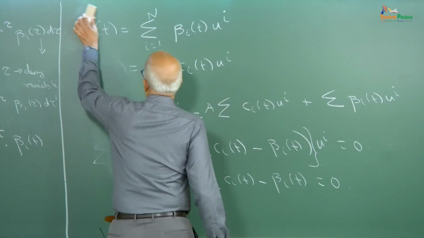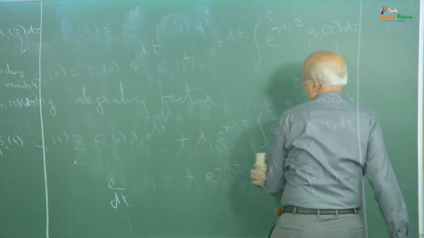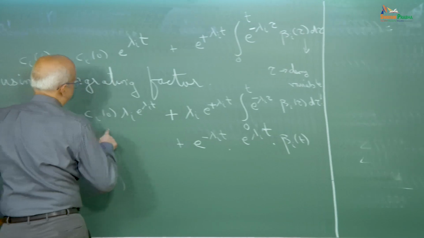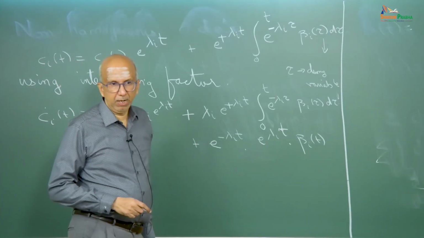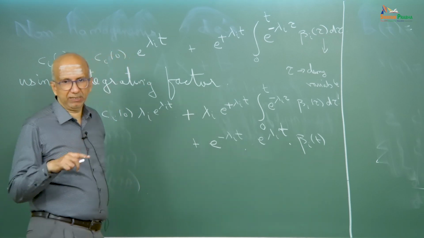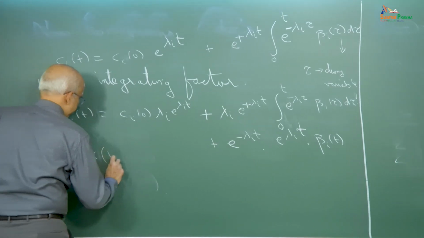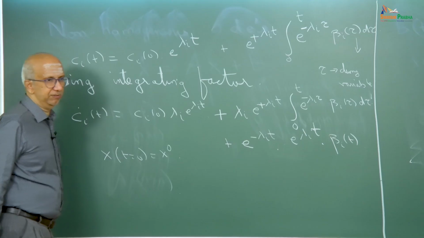Now what we have to figure out is the Ci of 0 in this. How do we find that? From the initial condition. So, x of t equal to 0 is x naught. This is also an initial condition which is given to me.